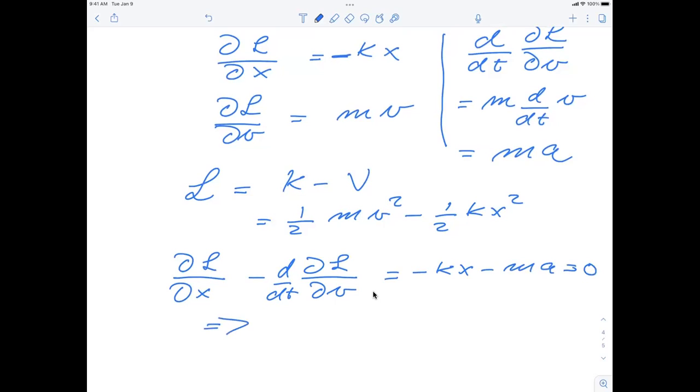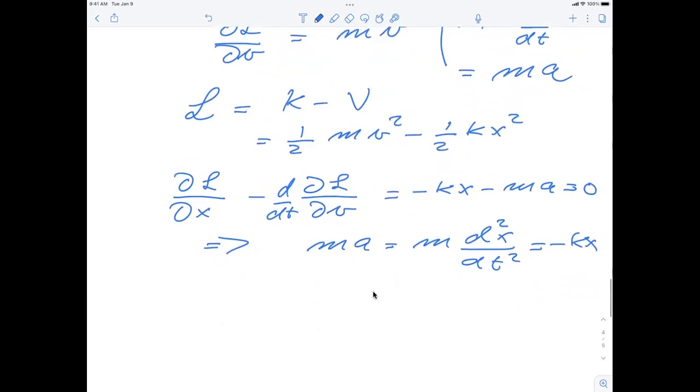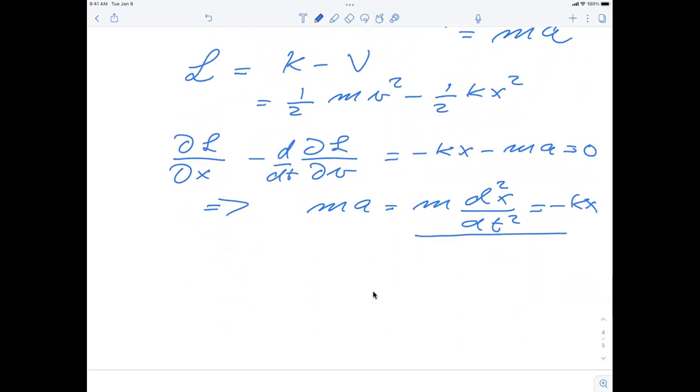And when I reorder things, I have m times a, which is the same as m times the second derivative of x, and that's equal to minus k times x. And that's the expression which we have seen many times before.